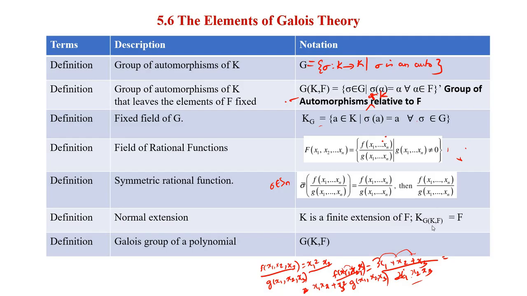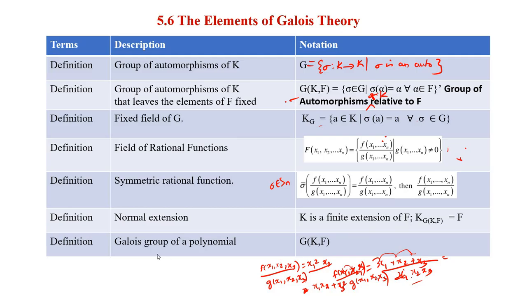So the fixed field can be either F or K or any field coming between K and F. But if I have the fixed field to be F, that's one condition, and K should be a finite extension of F. If you have these two conditions true, then you call K a normal extension of F.